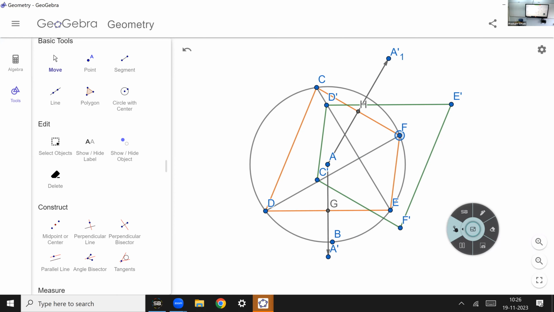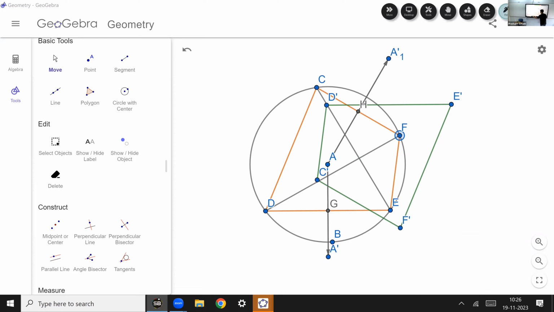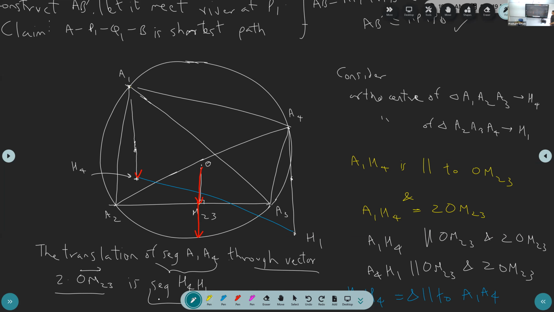Okay. And why are they the mirror image? Because going back to the diagram briefly of what we were showing on the board. So we agreed that, look at this parallelogram A1, A4, H1, H4.